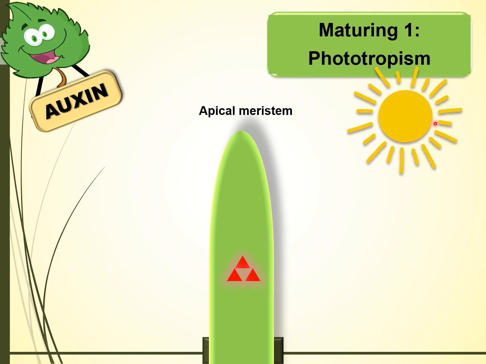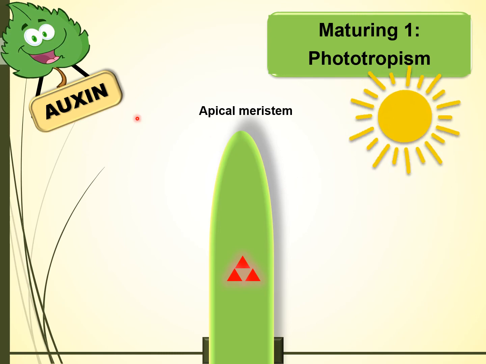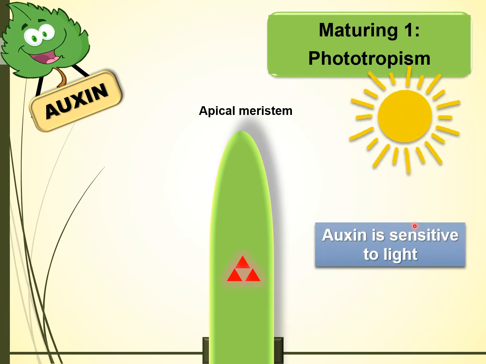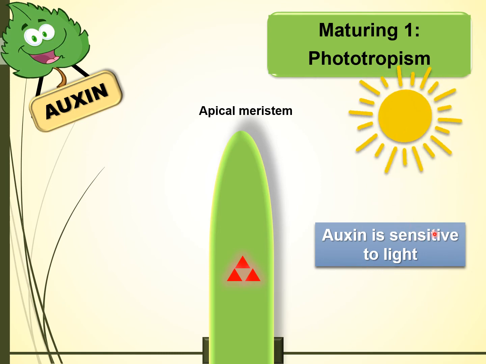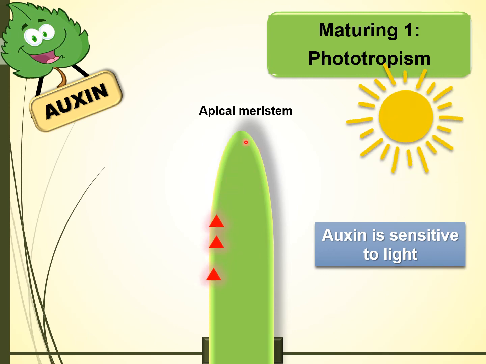So if the sun is to the left or to the right of the plant, what happens is auxin shows its specific characteristic, that is, it is sensitive to light. So now this part of the stem here is exposed to sunlight. So you see auxin will start to diffuse to the side that is not exposed to the sunlight.